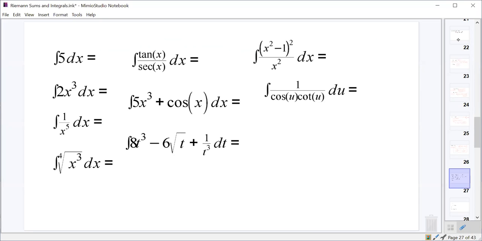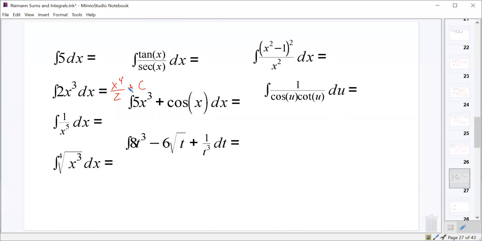And so we'll remember that anytime we take an integral that's just like a regular power, we'll use the power rule in reverse. So we'll go up from, let's say, x cubed up to x to the fourth, and then we will divide by 4. So this becomes 2x to the fourth over 4, or x to the fourth over 2.